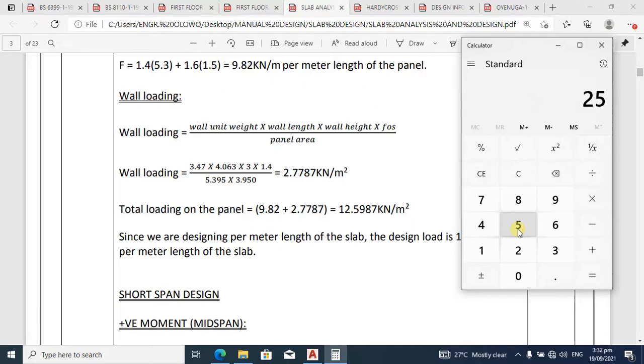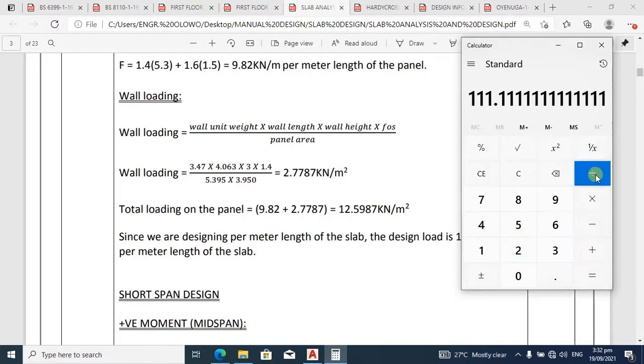We are going to divide the weight of this block by the area of the block. What is the area of the block? You multiply the length of the block by the width of the block. So you divide 25 by the width of the block, 0.225.